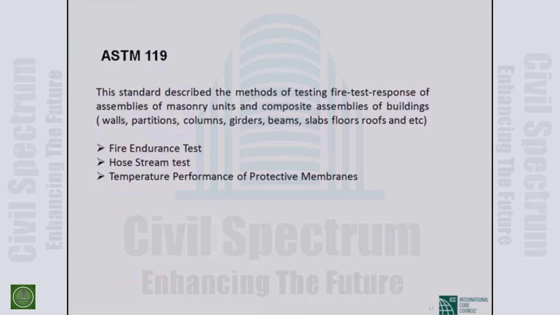Actually, the endurance test is the loading, and the hose stream test is a horizontal pressure created on the testing element by a stream of hose, because it may happen that when there is a fire, a hose system will give pressure from inside, such that the structure will not collapse under the pressure of the hose stream.